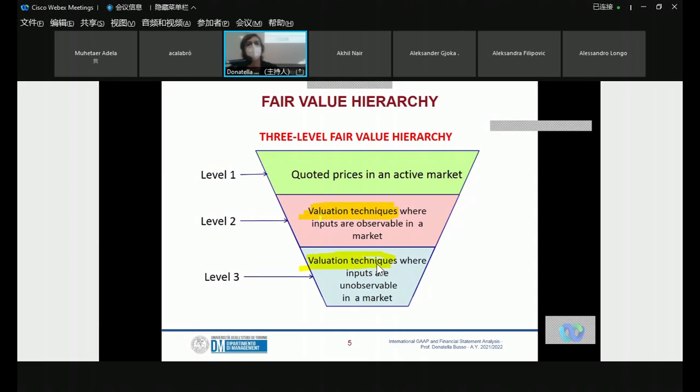For example, if the fair value is equal to the present value of the future cash flows, the problems are the future cash flows and the interest rate that the company has to use in order to compute the present value. Is this clear for everybody?